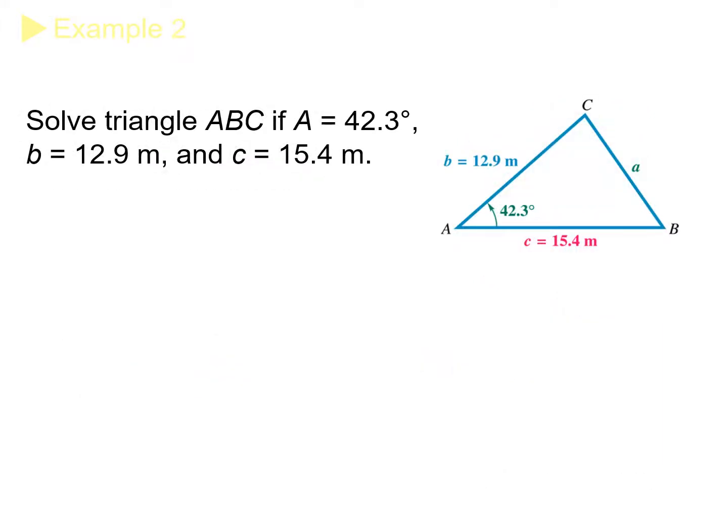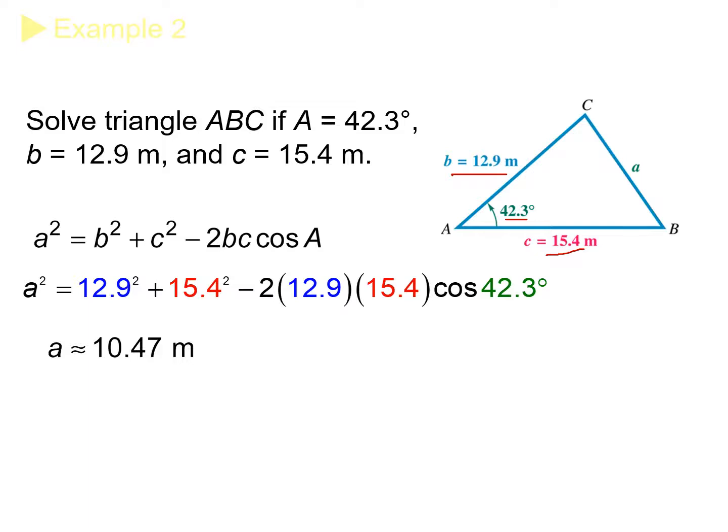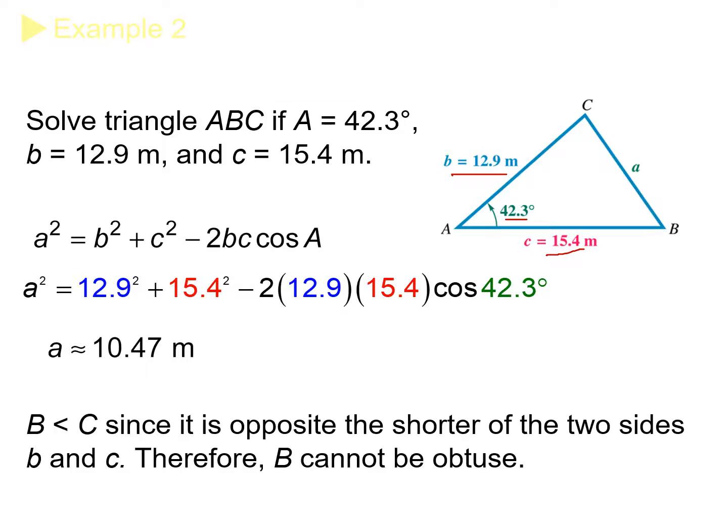Suppose we have a triangle ABC, and A is 42.3 degrees, b is 12.9 meters, and c is 15.4 meters. I know that a squared is b squared plus c squared minus 2bc cosine A. Substituting in my numbers, I get a is about 10.47 meters.